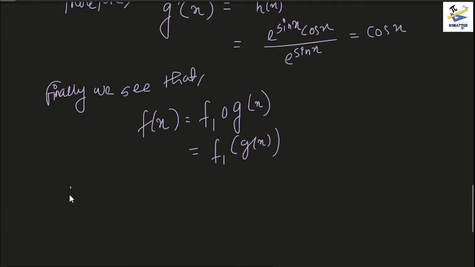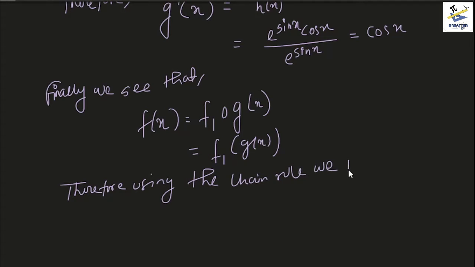Therefore, using the chain rule, we have f prime of x equals f1 prime of g x multiplied by g prime of x.